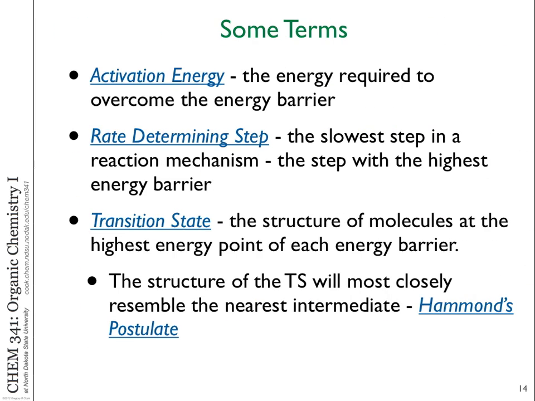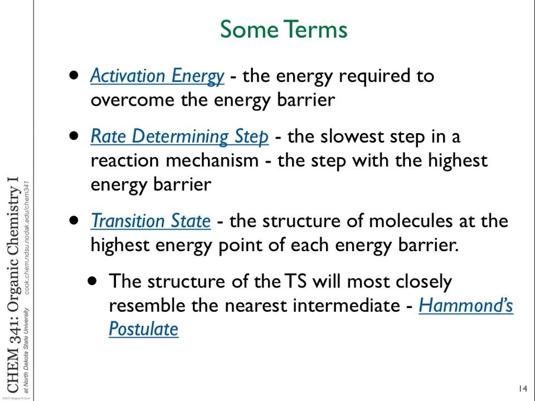Okay. So here are some of these terms I've been talking about. Activation energy: the energy required to overcome an energy barrier, to get over that hill. Rate determining step: the slowest step in a reaction, the one with the highest energy barrier.